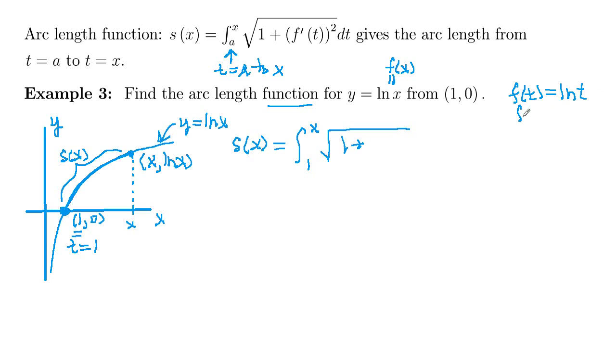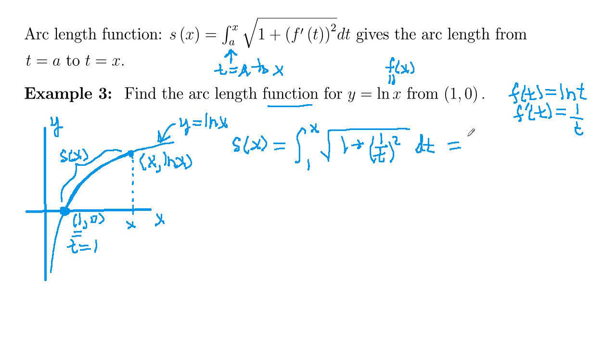So f prime of t is going to be 1 over t. And we've got f prime squared, so 1 over t quantity squared, and then dt.